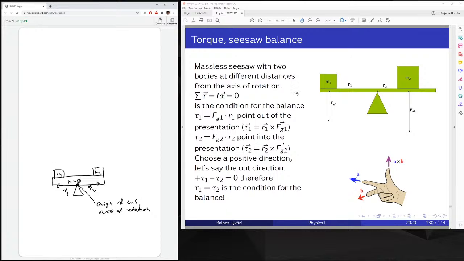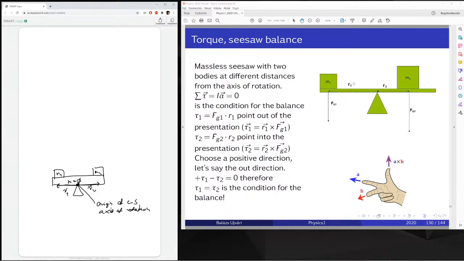So we put something here and here. This is the origin of the coordinate system, plus this is the axis of the rotation. How can we calculate the torque of this force with this displacement vector?